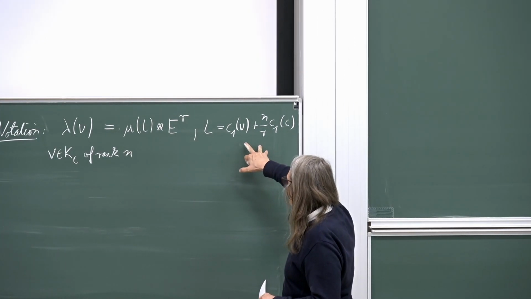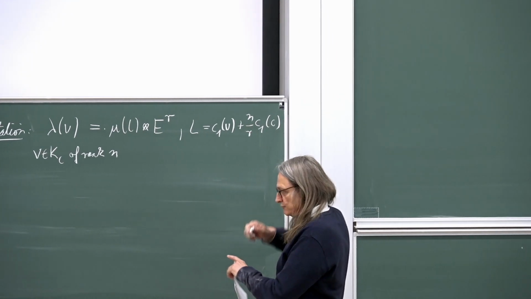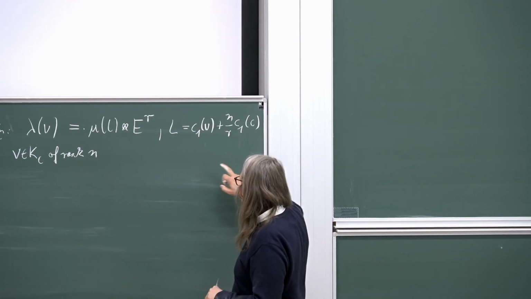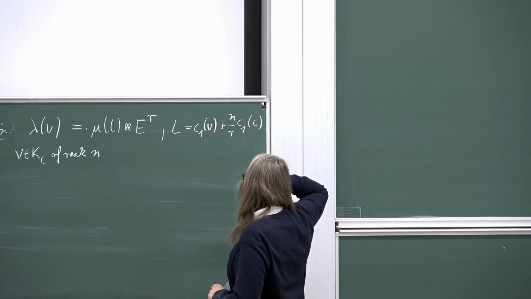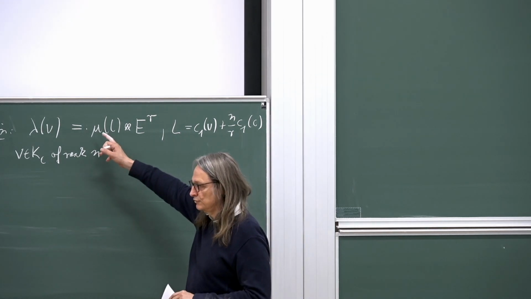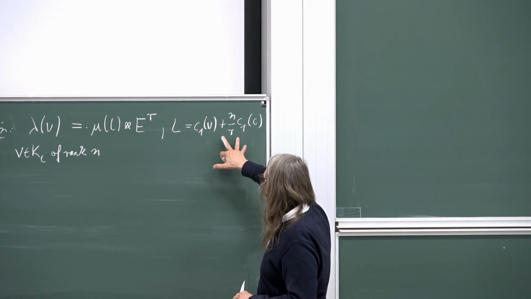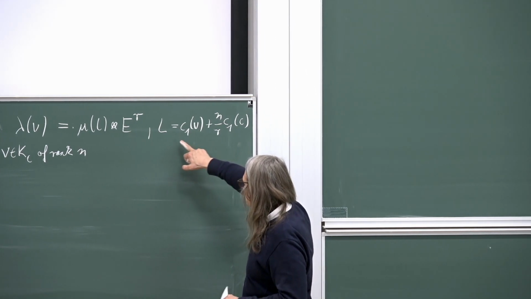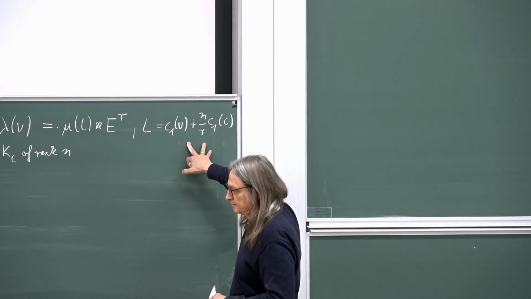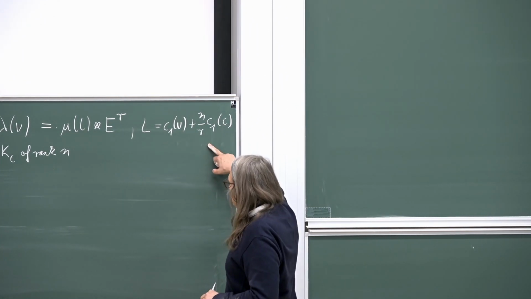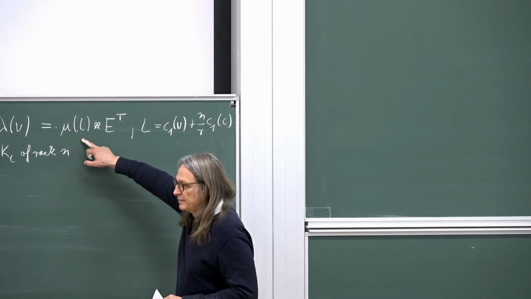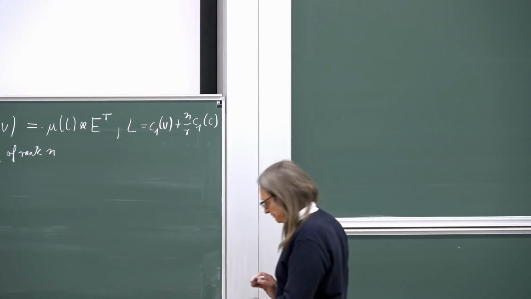Obviously when you twist the universal sheaf by a line bundle, this line bundle would change, but this precisely compensates it. So in this way, L is independent of the choice of the universal sheaf.